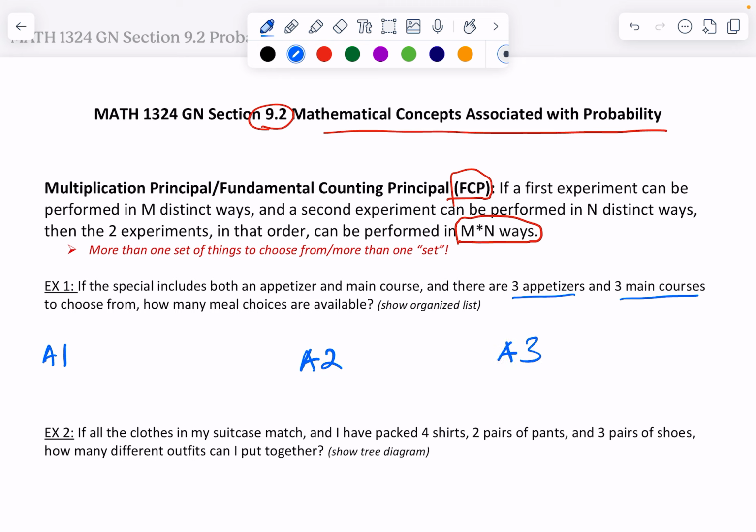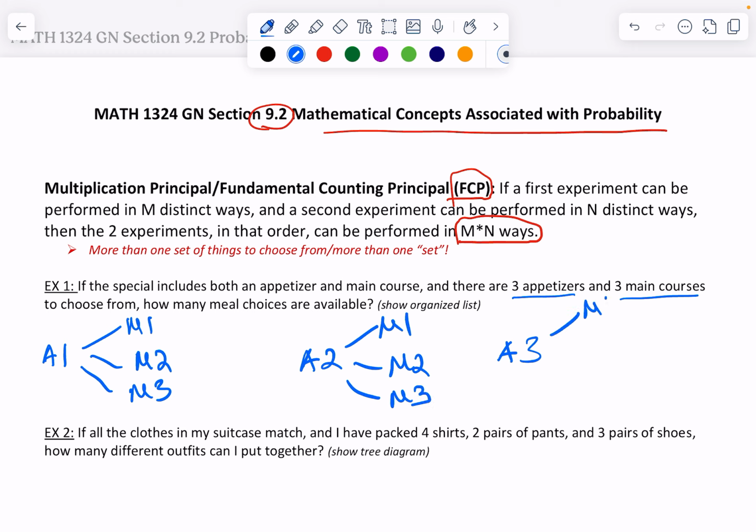With each of these 3 appetizers, we can have any of the 3 main courses: main course 1, main course 2, and main course 3. With the second, same thing, all 3 main courses, no restrictions. And the third one, the same thing.